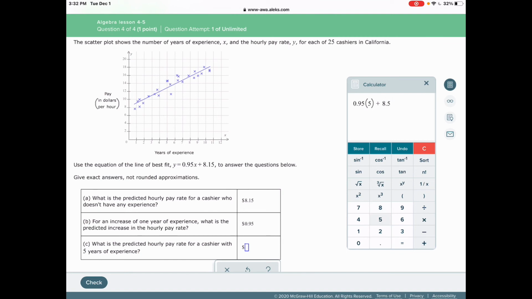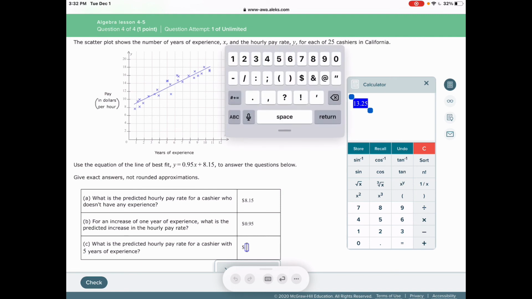So does that make sense to you? There is our Y equals 0.95, X is 5, plus 8.15. And what we're going to get when we hit enter is Y. That equals 13.25. And we should ask, does that make sense?